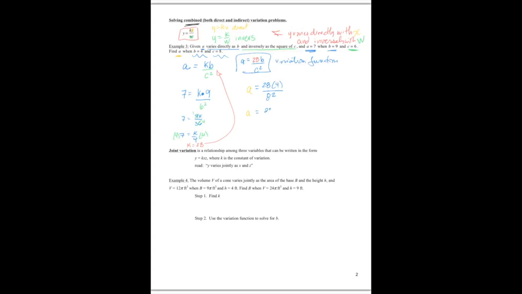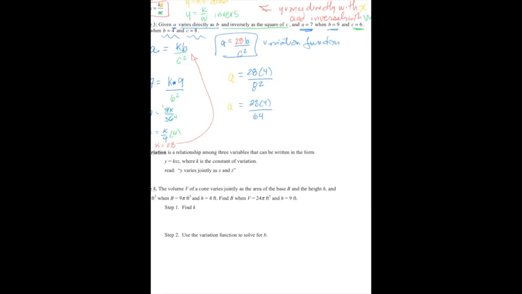I can simplify after I evaluate the denominator. 4 goes into 4 once. It goes into 64 16 times. So that's going to give me A equals 28 over 16, which I can simplify even further, 7/4. So there's my answer to this problem.